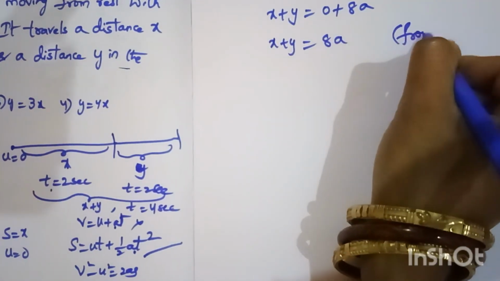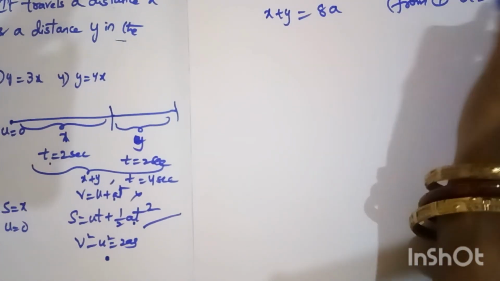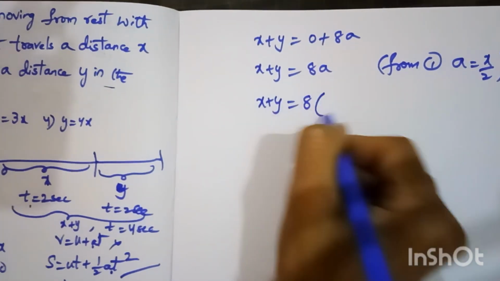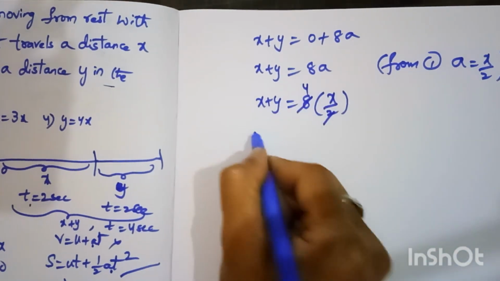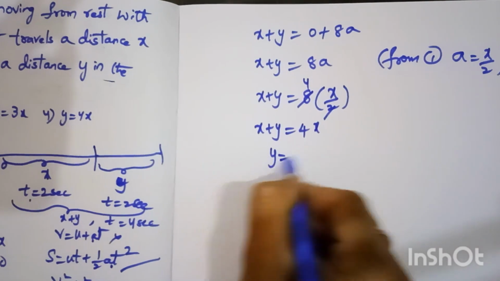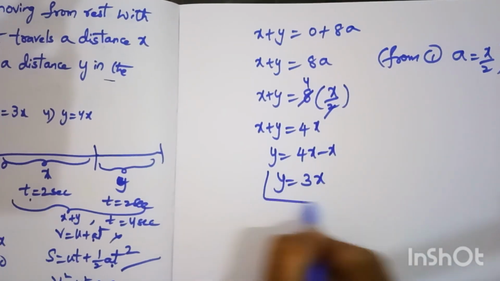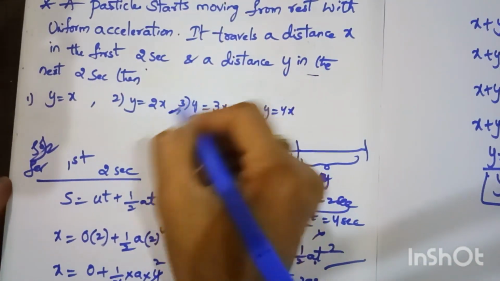From 1, what we have? a equals x by 2. Substitute here. x plus y equals 8 into x by 2. 2 ones, 2 fours. x plus y equals 4x. y equals 4x minus x. y equals 3x. So this is the answer. y equals 3x is the answer.